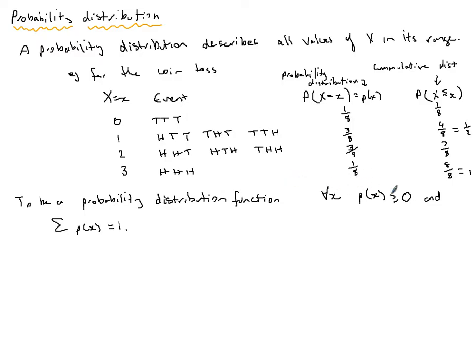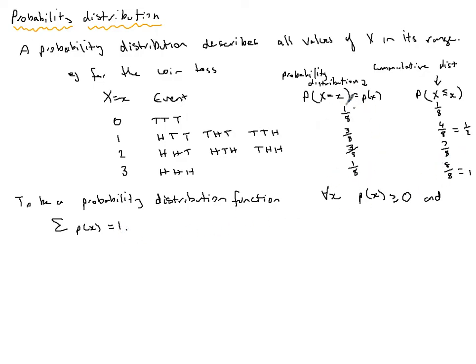And in doing so, we have completed our probability distribution function. In our probability distribution function, for all values of x, for all cases that we're looking at, the individual probabilities must be greater than 0, and also less than or equal to 1, and the sum of the probabilities has to equal 1.